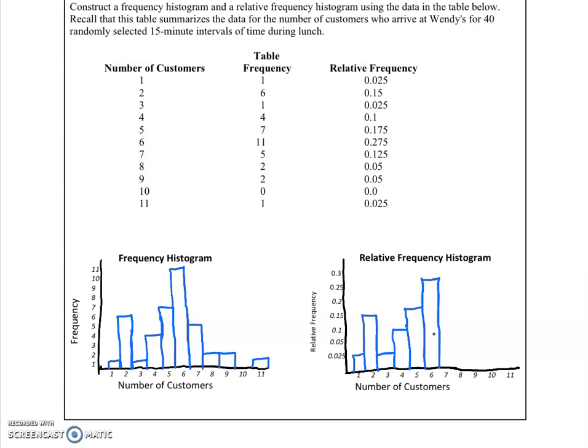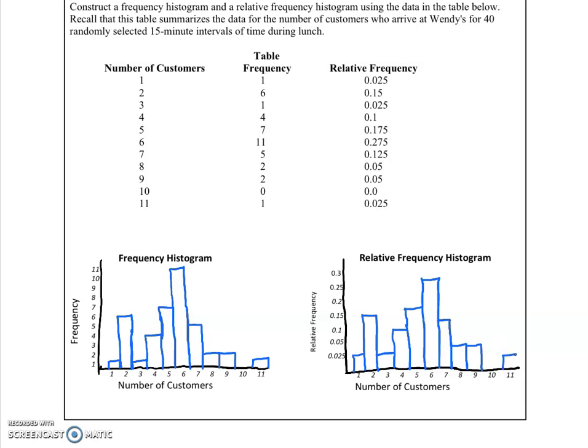Then we have a 0.125, which is halfway between 0.1 and 0.15. So that's 7. 8, we have 0.05. 9, we have 0.05. 10, we have 0, so we don't draw a bar.